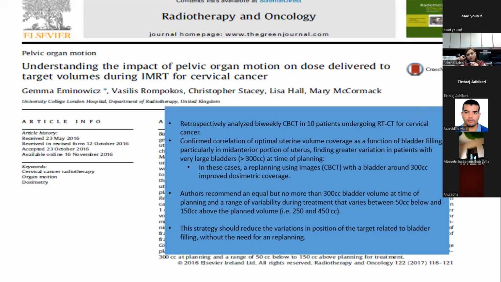According to them, a large bladder means the bladder is filled with more than 300 cc. In these cases, replanning using cone beam CT scan with the bladder around 300 cc improved the dosimetric coverage. If the bladder volume is kept up to 300 cc, there are fewer chances of variability in the subsequent treatments.